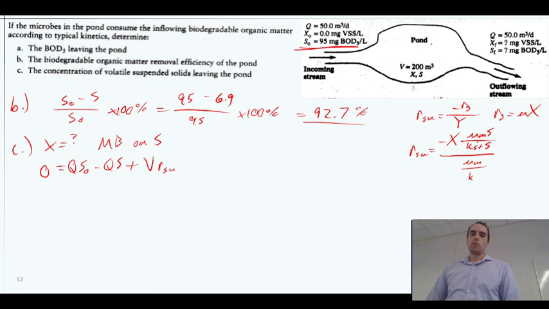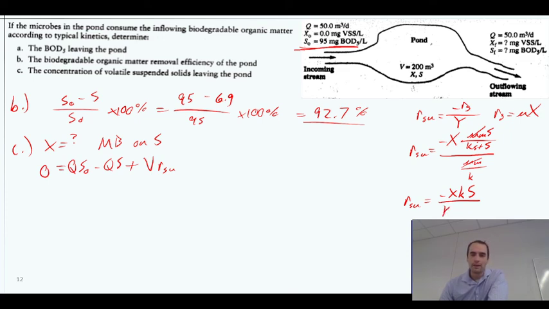All right, so with that, we can simplify a little bit. The mu maxes will cancel. So the substrate utilization rate then becomes negative X, lowercase k by itself, times S. So that's not Ks, that is K times S. Sorry for the confusion.